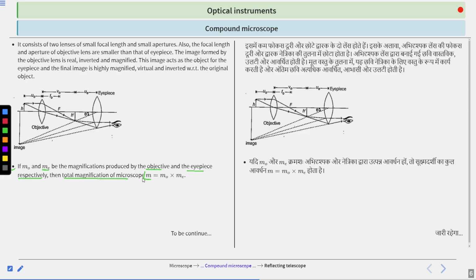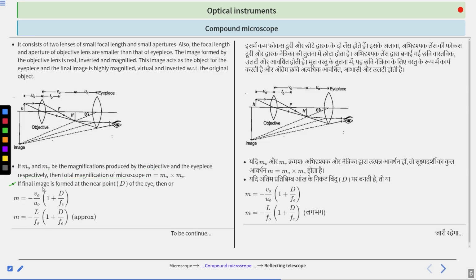Here Mo is the magnification produced by the objective, and Me is the magnification produced by the eyepiece. Clear?